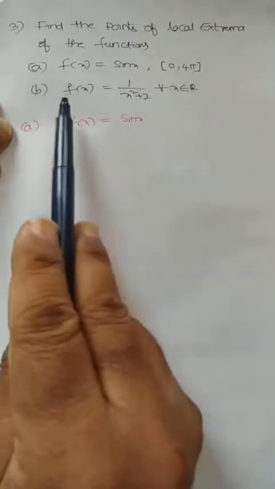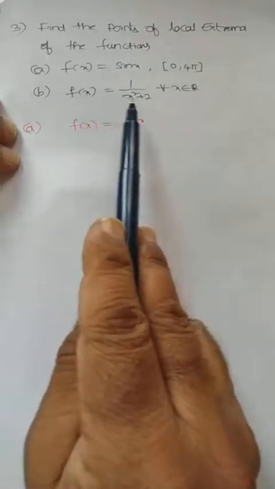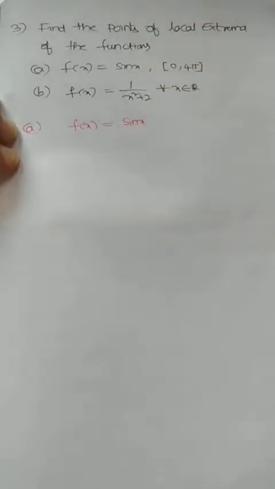And the second function is f of x equals 1 by x squared plus 2 for all x belonging to R. So we have to find the local extrema, meaning local maxima and local minima for these functions. For that we will use the application of second derivative, following the chart I gave to find the extrema values.